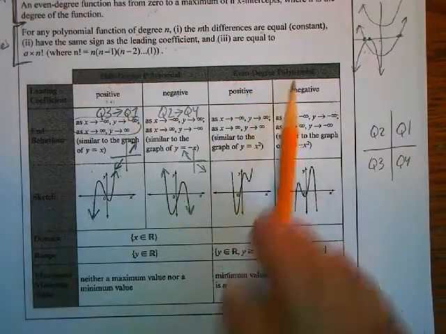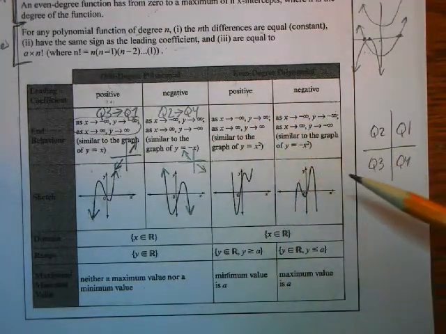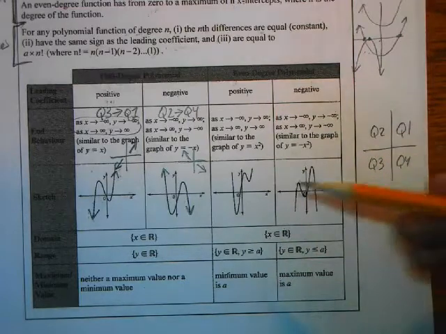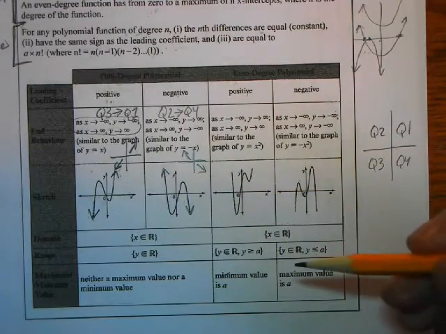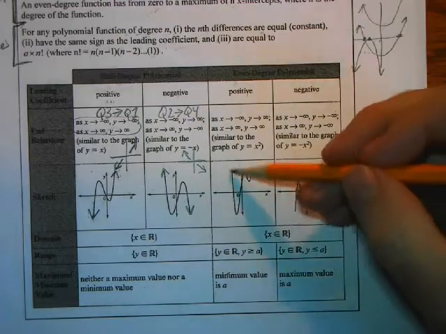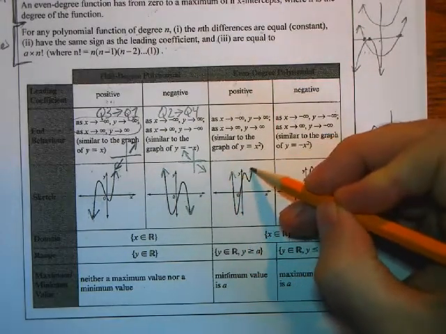If we move to even degree with a positive leading coefficient, you could just think about the most basic even degree polynomial with a positive coefficient, and that would be a quadratic opening up. It has the same end behavior as this.